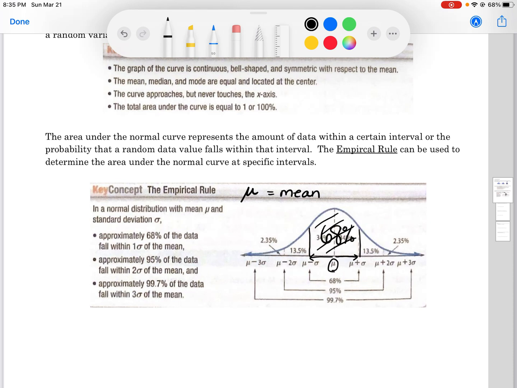If I were to move two standard deviations away from the mean, 2 to the right and 2 to the left, all of this space is going to be 95%. And if I were to move 3 standard deviations away, I'm going to be at 99.7%, which is almost everything.